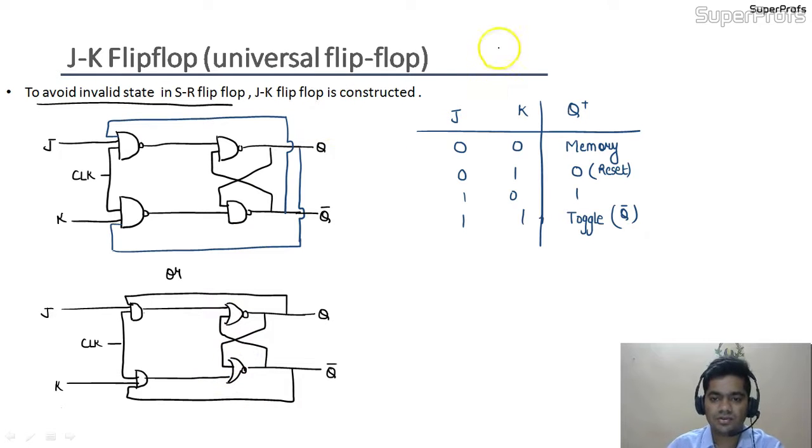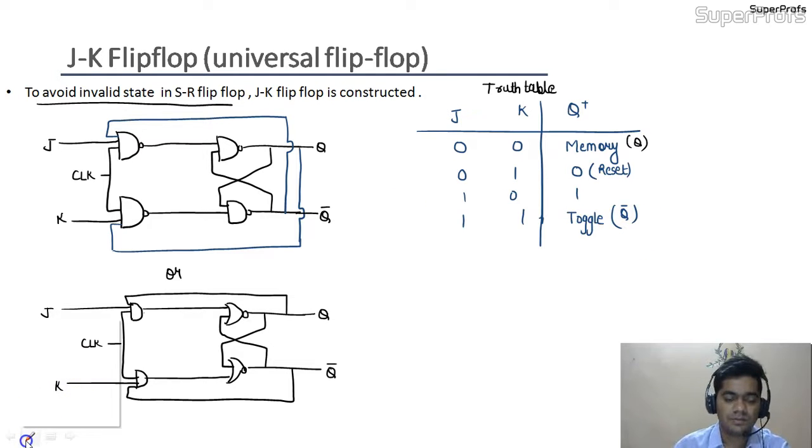So the working or the truth table for both the circuits would be the same. Okay, so for J and K equal to 0 0, it would give us a memory state, or we can say that Q plus would be equal to Q, the previous output. For 0 1, it would give a reset state. For 1 0, it would give a logic 1. For 1 1, it would give a toggle state.